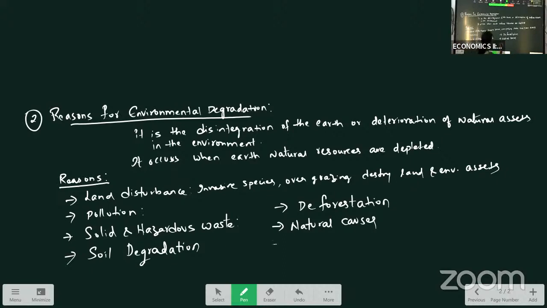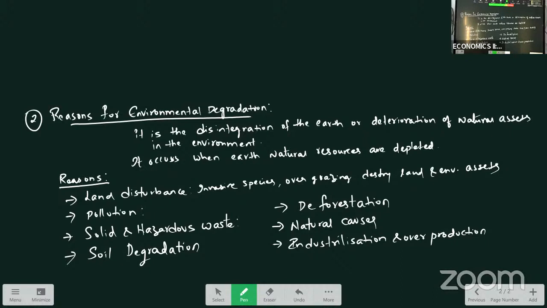Industrialization and overproduction cause damage to our environment. Generally in a country, we can see science and technology is developing. As it is expanding, the productive capacity of the country is also expanding.